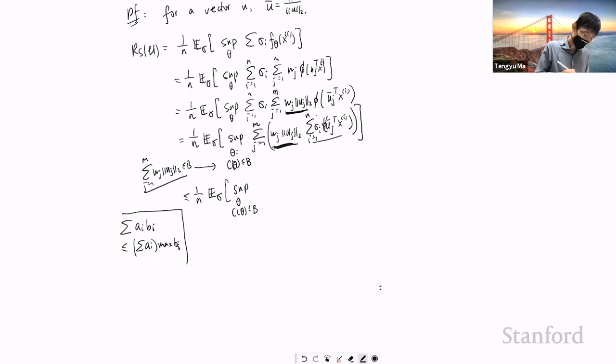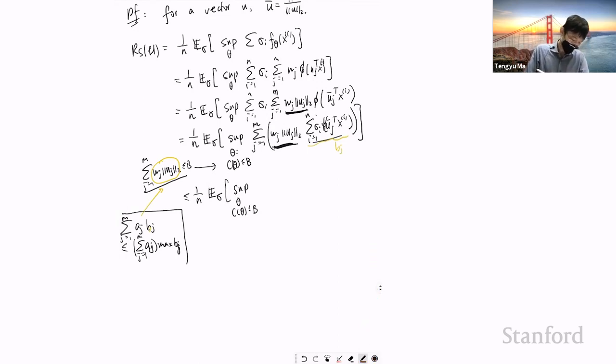Actually, I should use j to be more consistent. So this is j from 1 to m, the sum of aj bj, where aj corresponds to Wj times the Uj 2-norm, and bj corresponds to this quantity. That's abstractly what I'm doing.